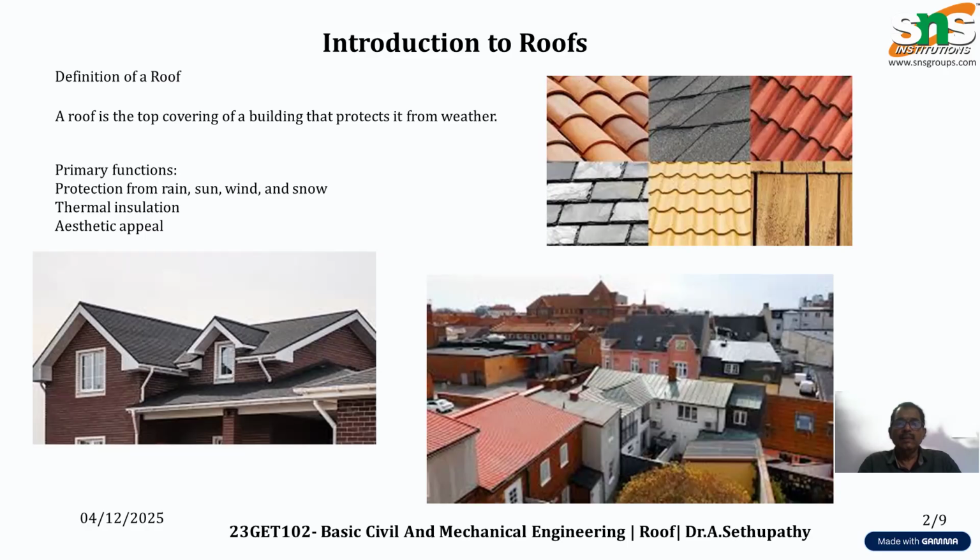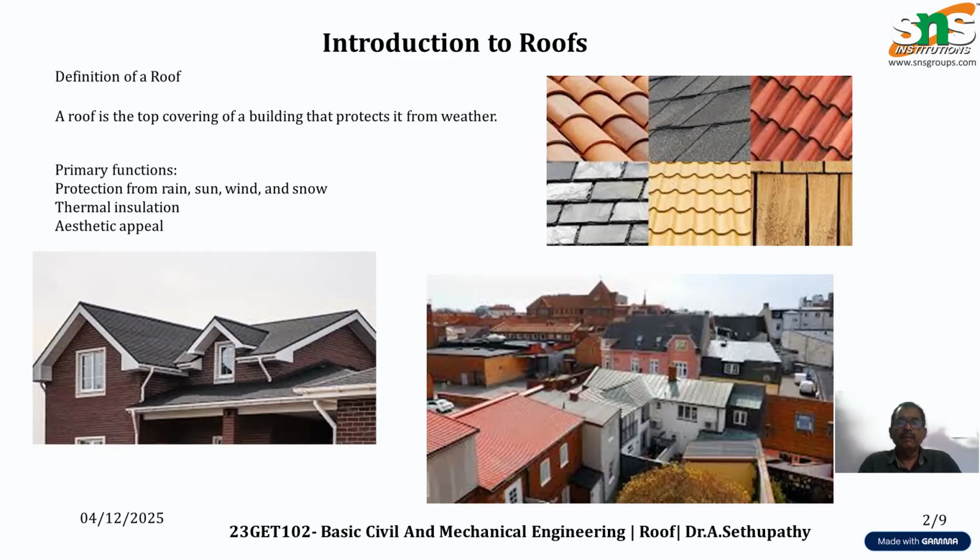So these are all different areas. For rainfall areas, roofs protect from the rains. In equatorial areas, they protect from the sun rays. In other areas near the seashore, the wind blows strongly, so the roof protects from the winds.